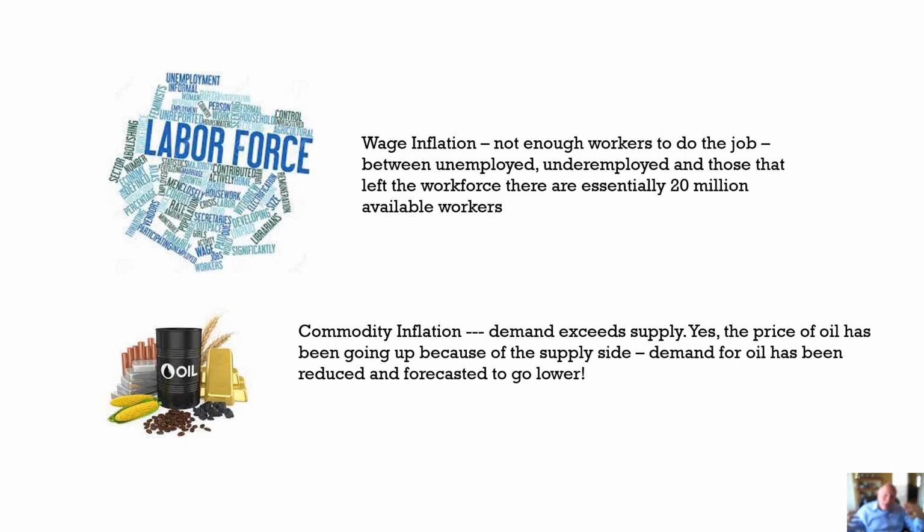So they've forecasted the demand to go even lower. So remember that inflation happens when the demand outstrips the supply. In this case, and in a lot of others around commodities, we have a bigger supply than we have demand. So we're not going to see it come from there.